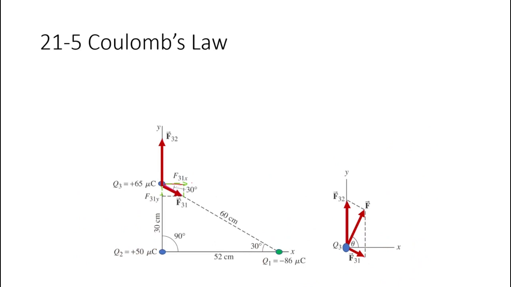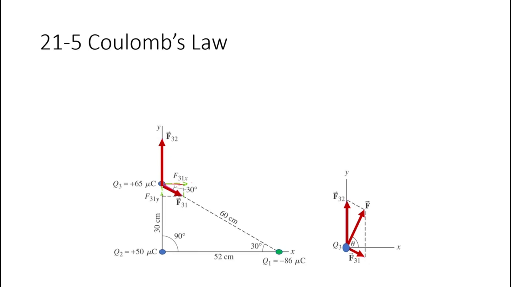This is another example where we have multiple charges in different positions, which means they are no longer on one line. In this case, we choose 3 charges, Q2, Q3, and Q1. Q2 and Q3 are on the x-axis, Q3 and Q1 are on the y-axis. So the question is, calculate the net electrostatic force on the charge Q3.